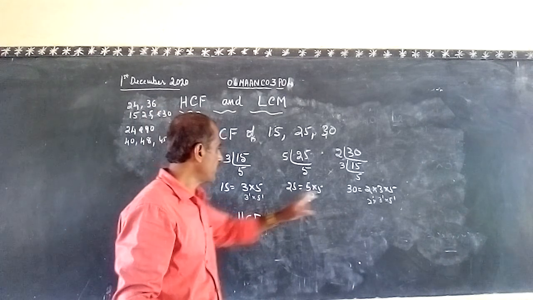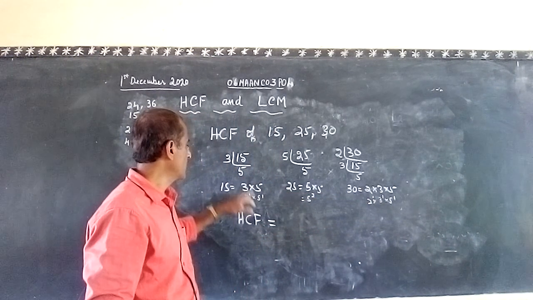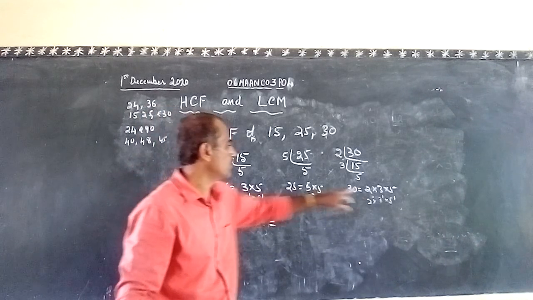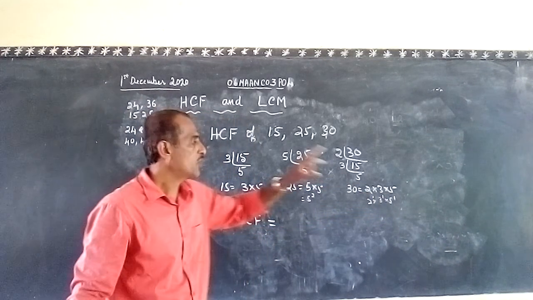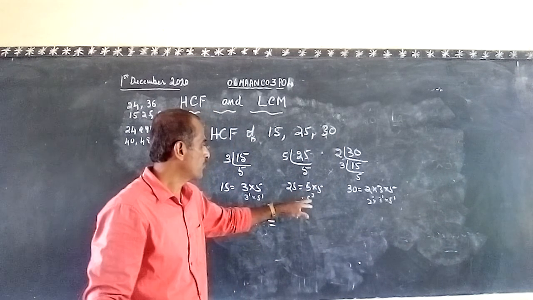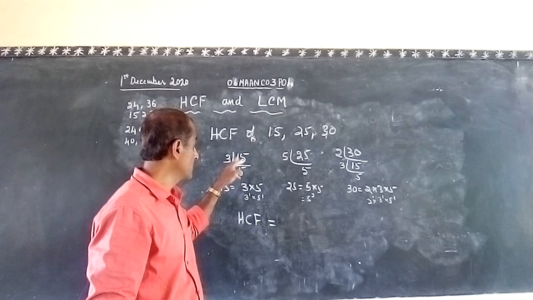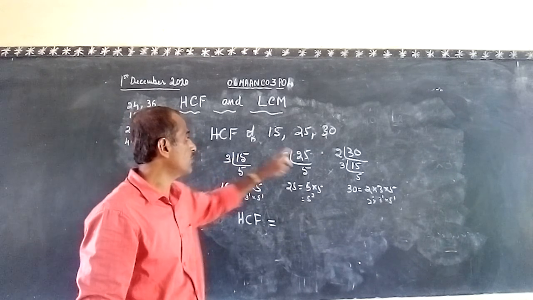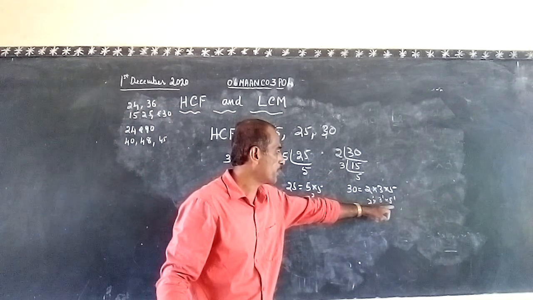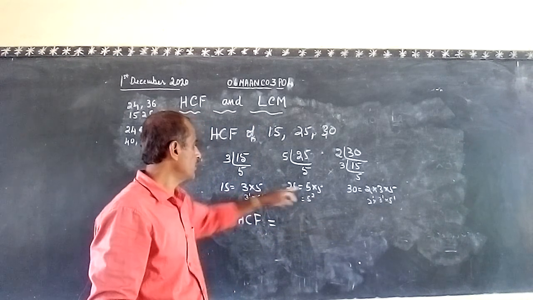Next, 5 is the factor. 5 is a factor here, and here, and here. So 5 to the power 1, 5 to the power 2, 5 to the power 1. If it is common in the given numbers, then only you have to take. 5 is the factor common to all the 3 numbers, 15, 25 and 30. Here 1, here 2, there 1.